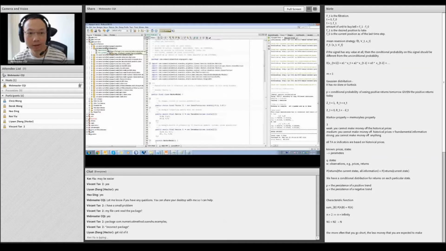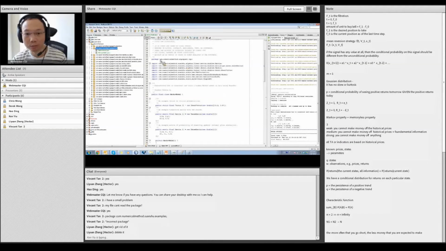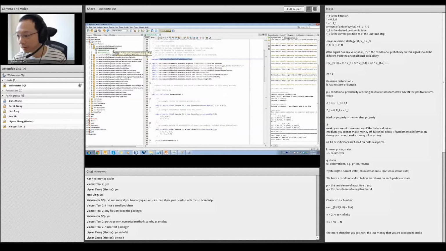So you see here. Basically, you have to specify the package where the file actually is.